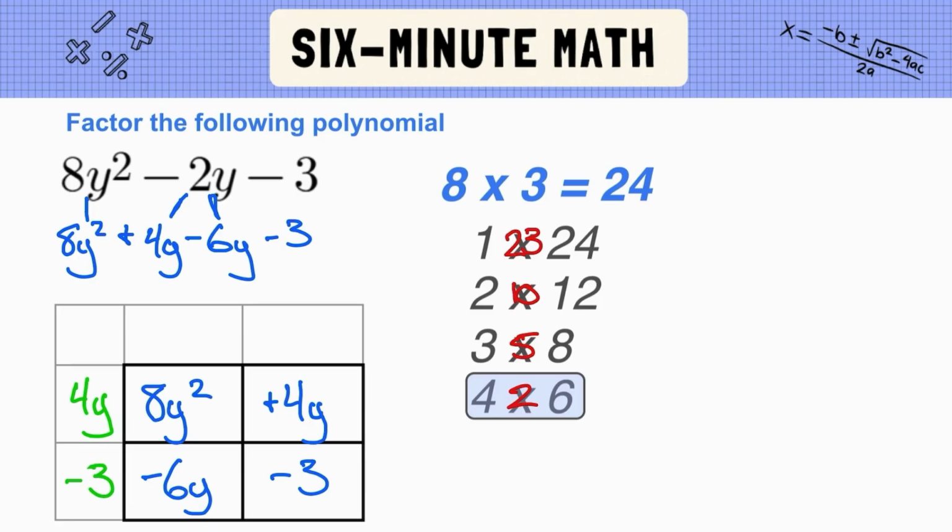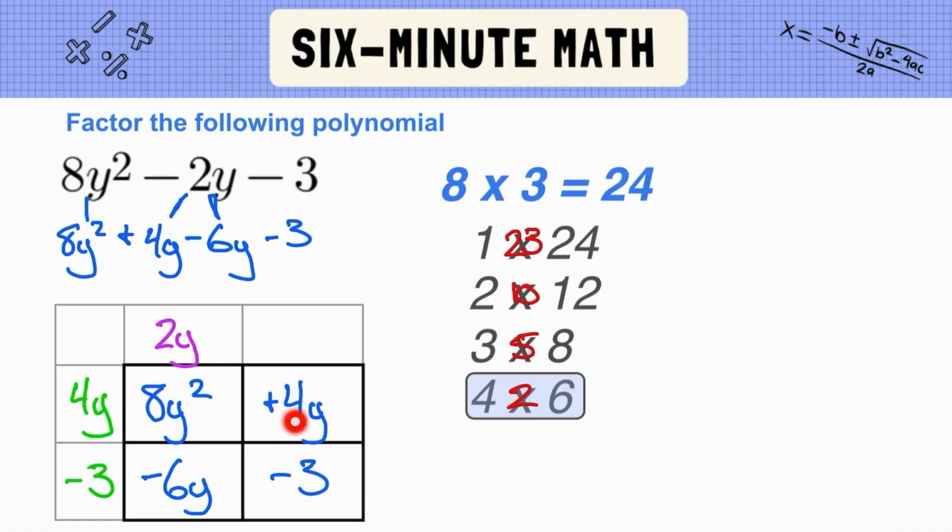Why am I including that negative there? If the edge operation or term is a negative, we're going to take that out into our binomial. Let's factor our columns. 8y squared minus 6y, I can take out a 2y.